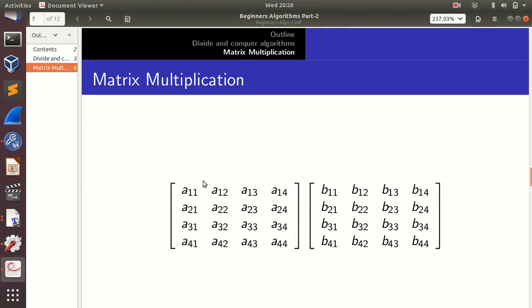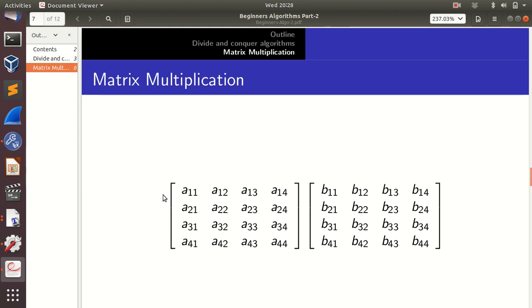For calculating the term 1 comma 1, meaning the element in the first row and the first column, we take this row and this column, and we multiply a11 with b11, a12 with b21, and so on, and then we add them.